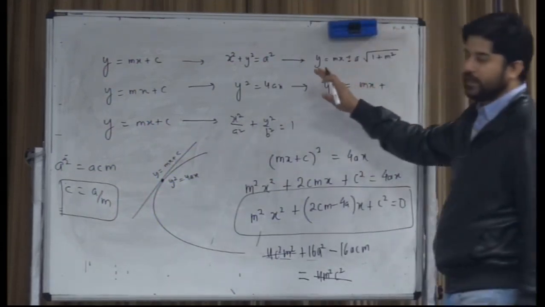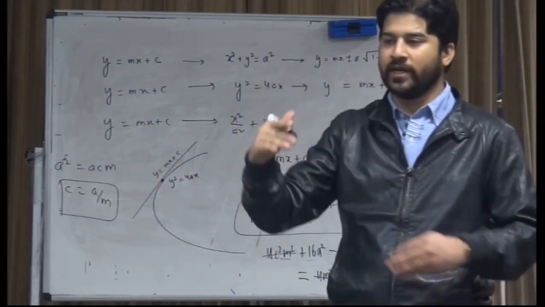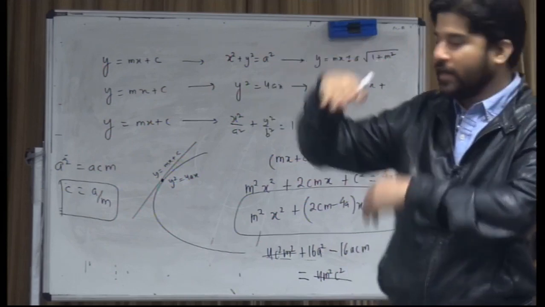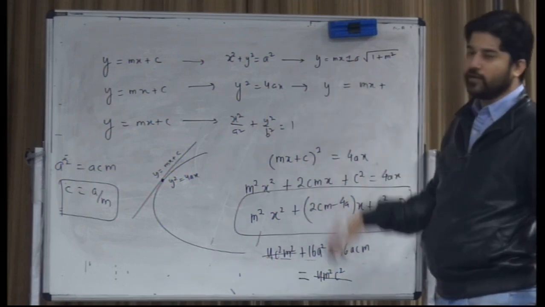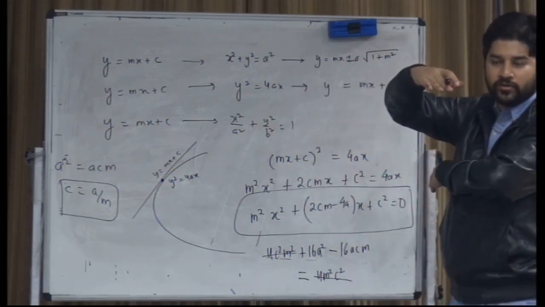So देखो, unlike in circle or in ellipse, where you will get two tangents of the same slope, that is why you get here plus minus, right? But in parabola, you won't get two tangents of the same slope.